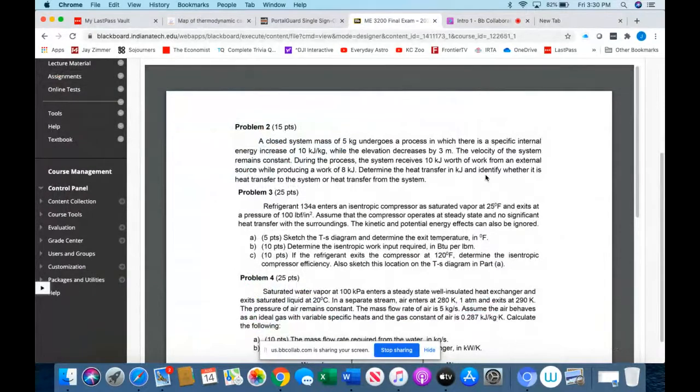So the problem states: a closed system that has a mass of 5 kilograms undergoes a process in which there is a specific internal energy increase of 10 kilojoules per kilogram, while the elevation of the system decreased by 3 meters.